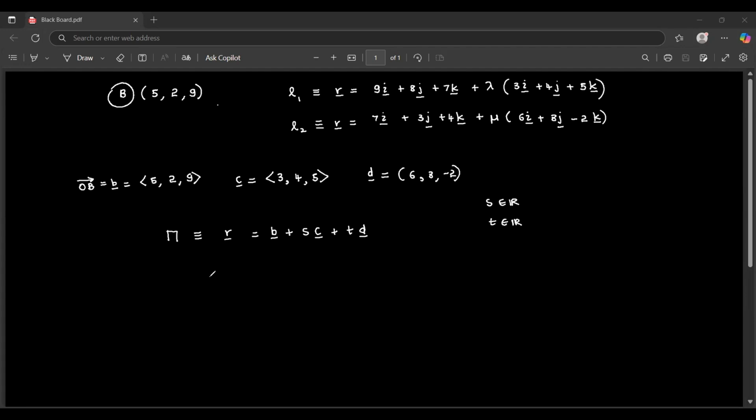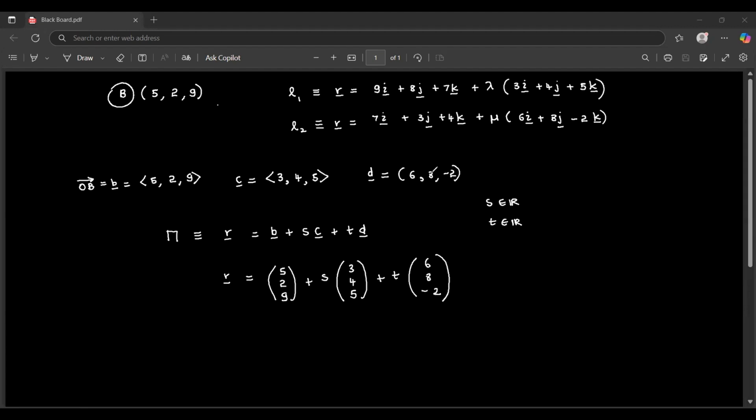So I can rewrite this such that r = ⟨5, 2, 9⟩ + s⟨3, 4, 5⟩ + t⟨6, 8, -2⟩.